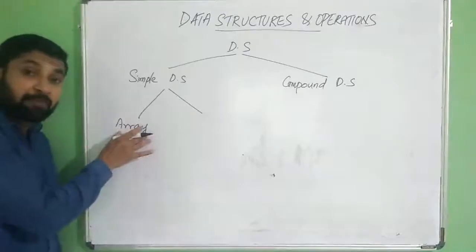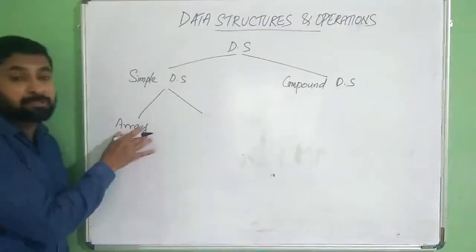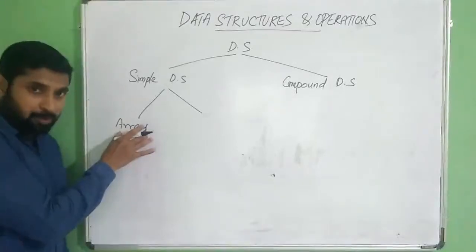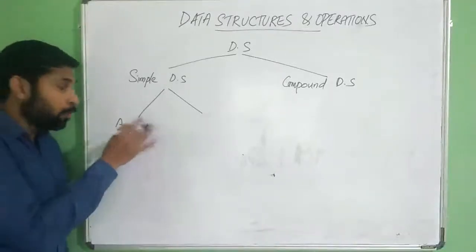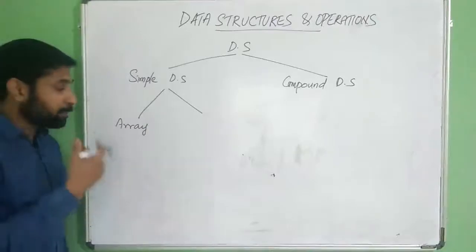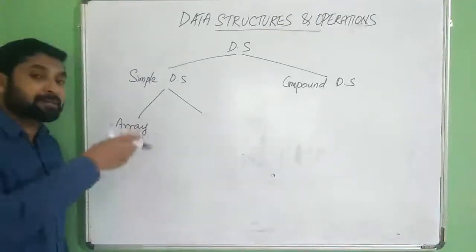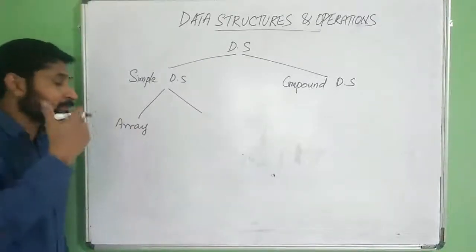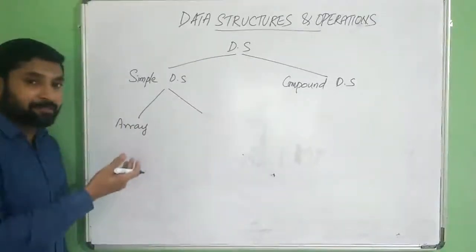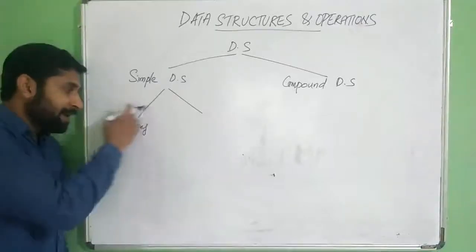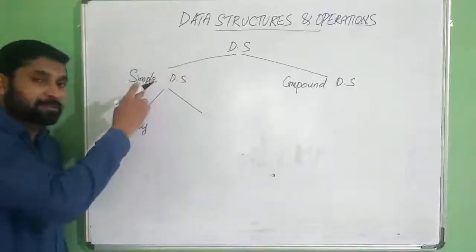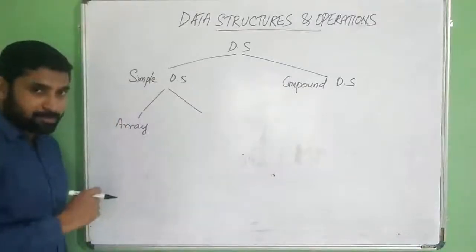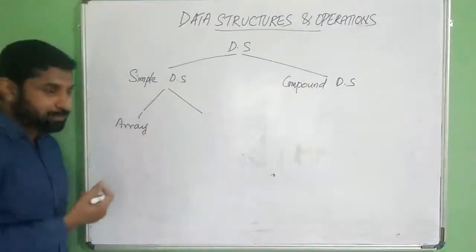Array is a derived data type in a particular language, say C++, which is used for handling homogeneous values. We can perform insertion of data, deletion of data, searching, sorting, merging, etc. So array is a data structure which is used for storing homogeneous values and performing some operations on them.